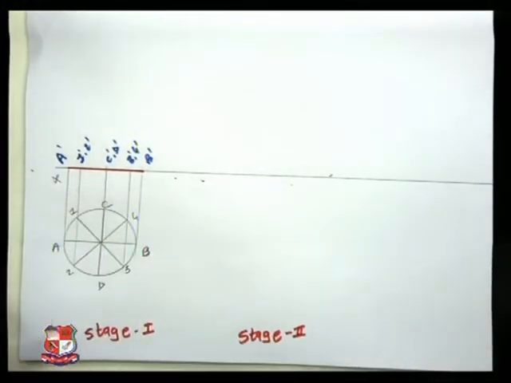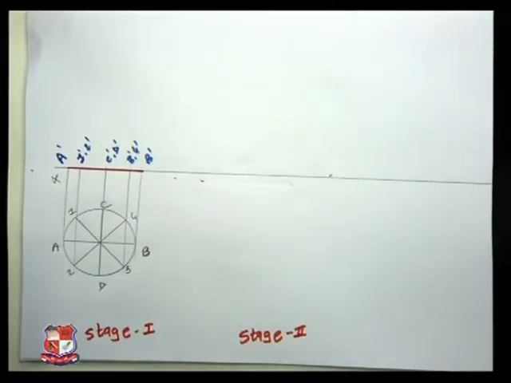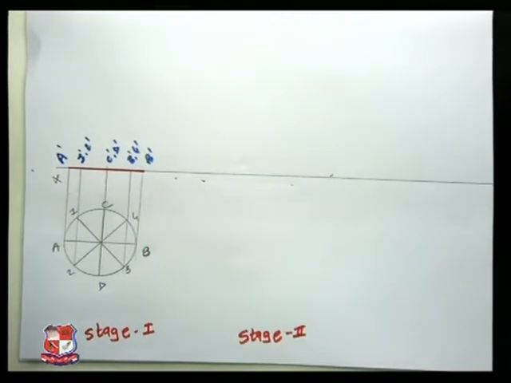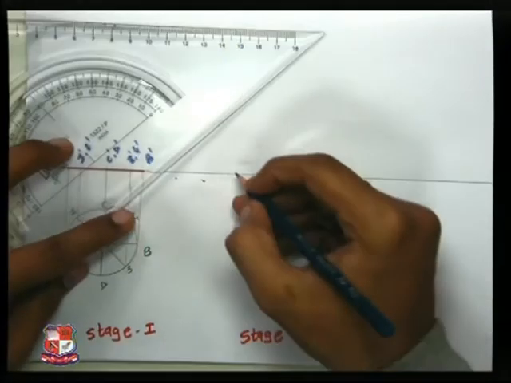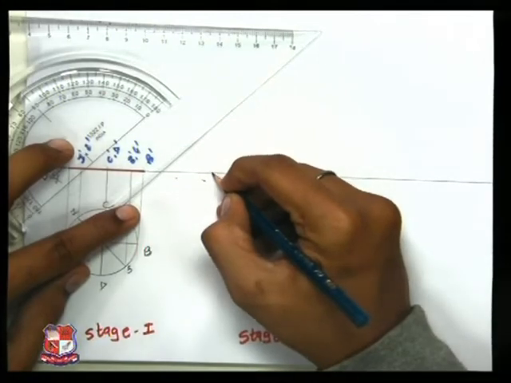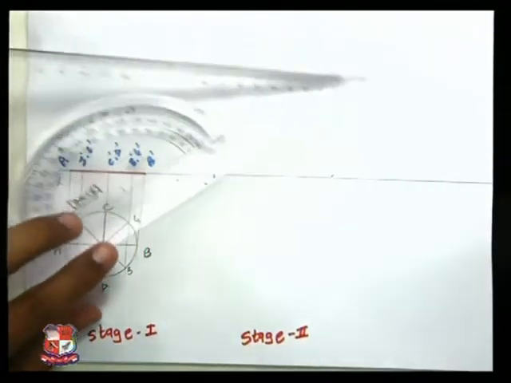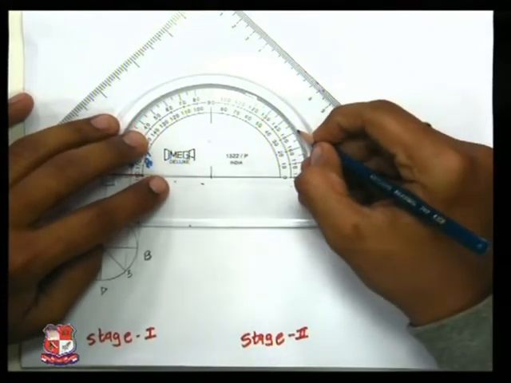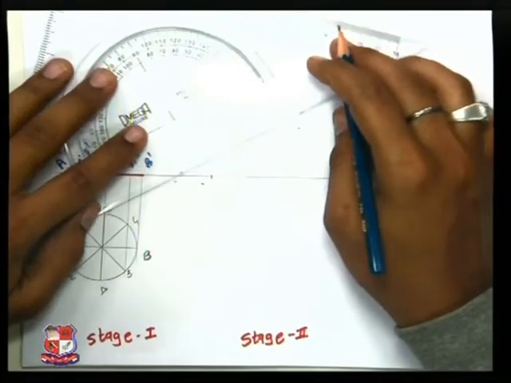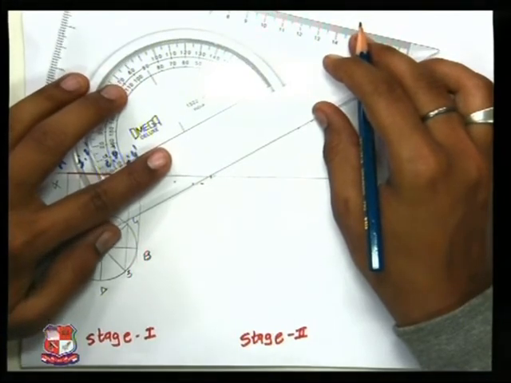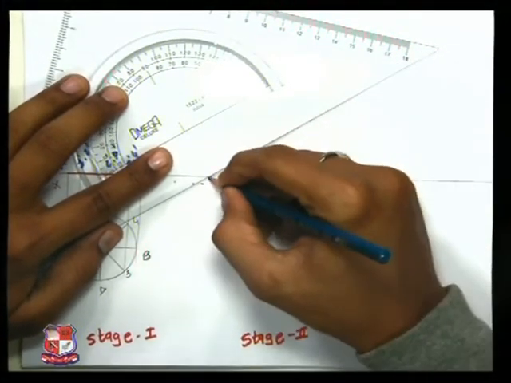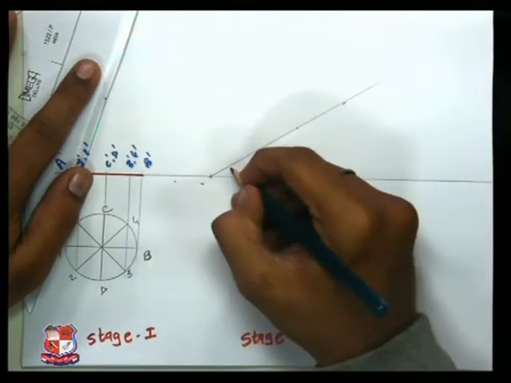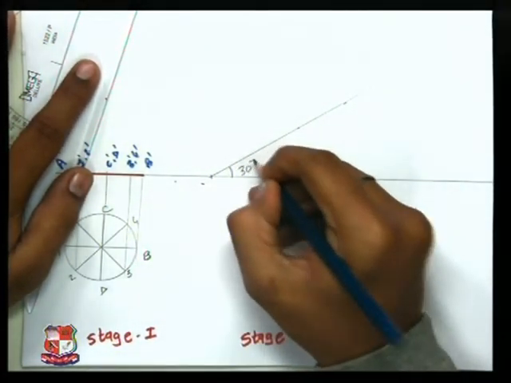In stage 2, what we are going to do is incorporate the HP angle to this plane. Choosing any random point, the angle with HP is given as 30 degrees, so at 30 degrees I am choosing a random line. This line is at 30 degrees.